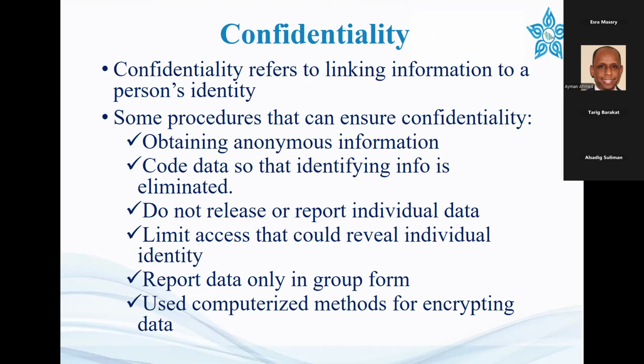Confidentiality here refers to linking information to a person's identity, whether it is a date of birth, name, family name, or file number. You have to omit all this data and make sure you obtain anonymous information. You have to make sure you code the data before you start analyzing it, by deleting identifiers, and do not release or report individual data, just report it as group data, and limit access to the data itself.